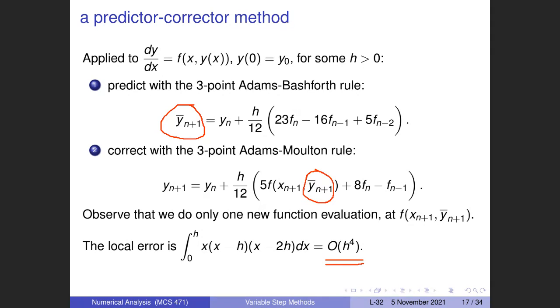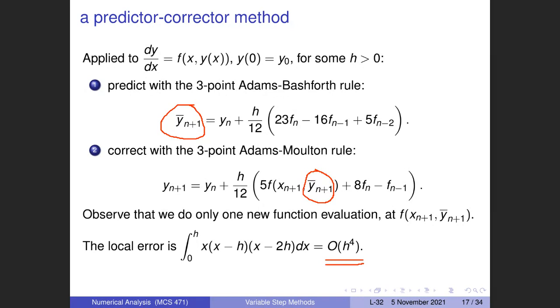So how do we see this? Well, we integrate the interpolating polynomial, so we integrate the error term. Remember, the error term was (x minus x0)(x minus x1)(x minus x2).